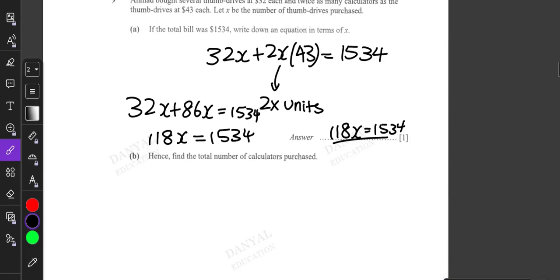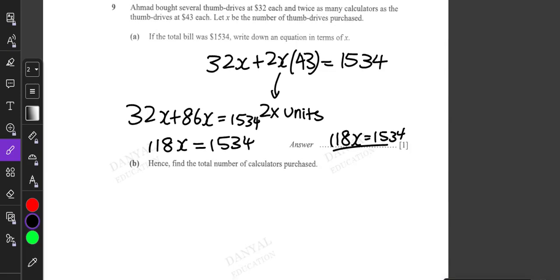Okay, find the number of calculators purchased. They say there's twice as many calculators.